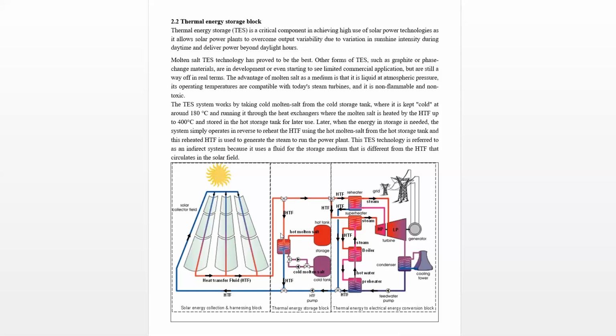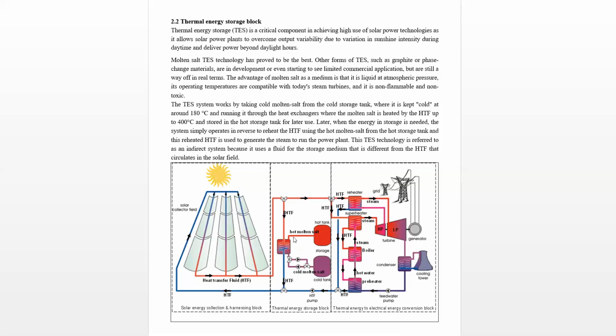So in that case, the hot molten salt is made to flow from the hot tank towards the cold tank side. This molten salt is made to flow from here, and then toward this side. Like so, this circuit gets closed.